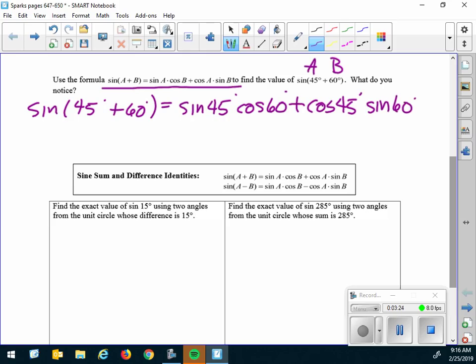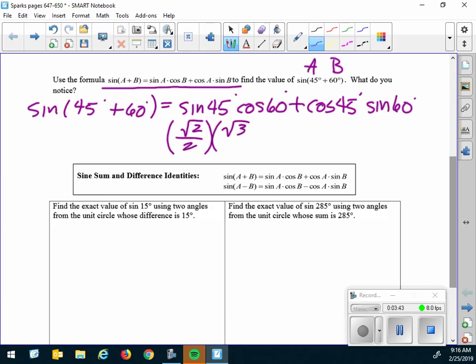Now let me make sure I wrote that down right. Sine of the first, cosine of the second, plus cosine of the first, sine of the second. Okay. Now the thing is that you know 45 degrees and 60 degrees. So let's just do this. Sine of 45 degrees is square root 2 over 2.